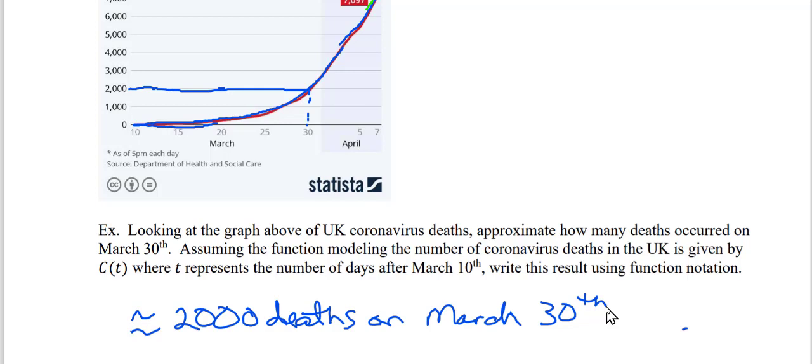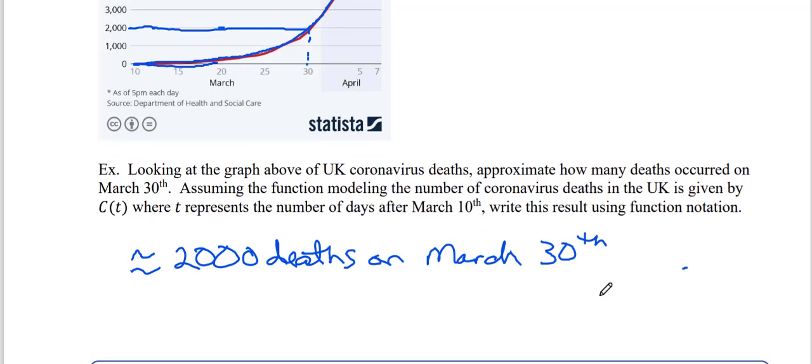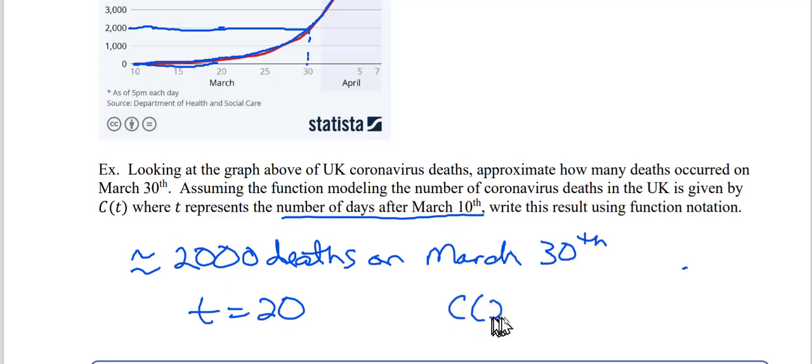Assuming the function modeling the number of coronavirus deaths in the US is given by C of t, where t represents the number of days after March 10th, write this result using function notation. Well, if t represents the number of days after March 10th, March 30th is t equals 20, right? So we would say C of 20 is 2,000.